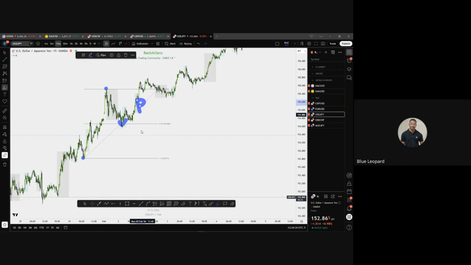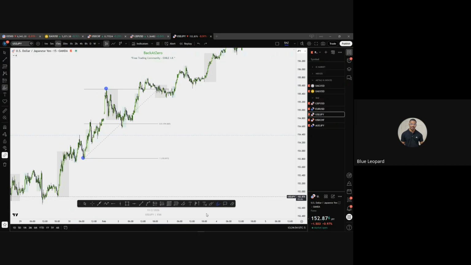This is premium, and this is discount. That's all you need to think about according to premium and discount. When it's up here, I want to sell, but when it's down here in this zone, I want to buy. So you will not be against the trend.